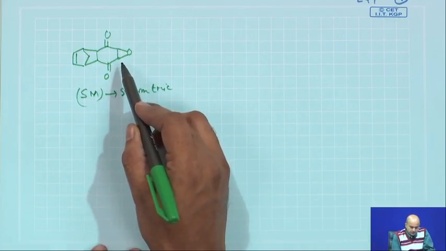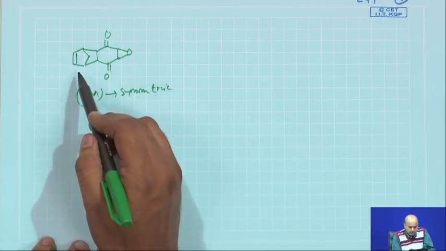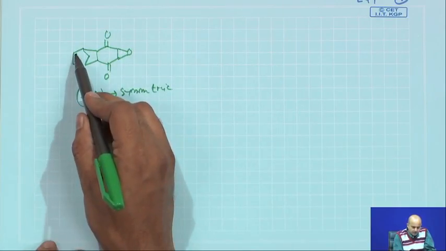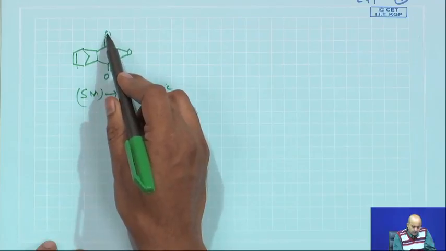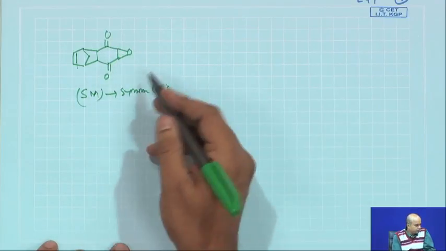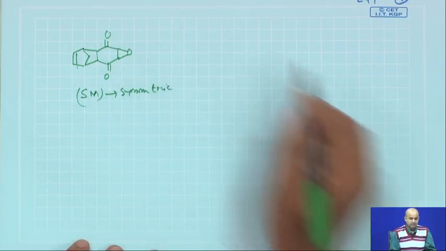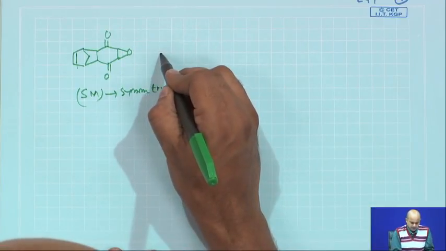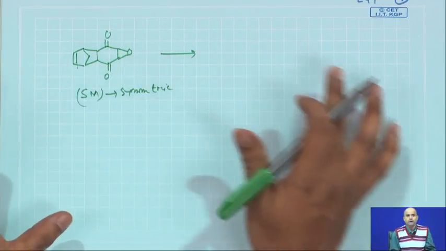Now, in principle if you see this molecule, what are the functionalities? You are having a double bond here, you are having a ketone, you are having epoxides, those are the things that are there. Now, in principle you can do any kind of reaction.